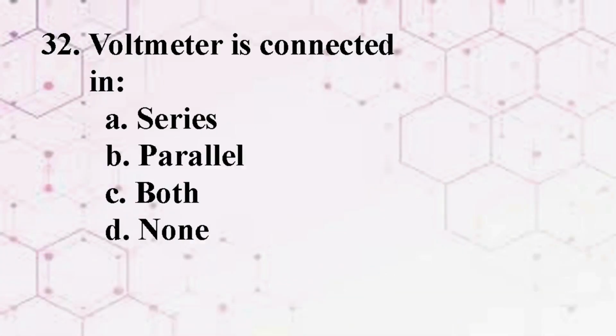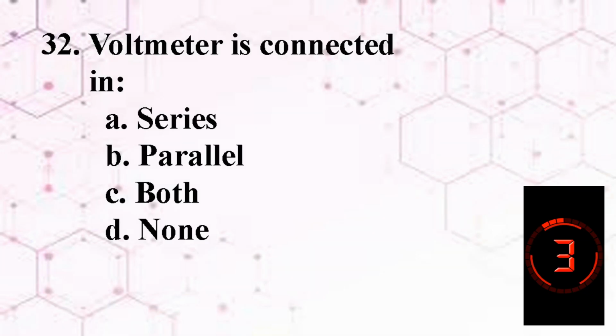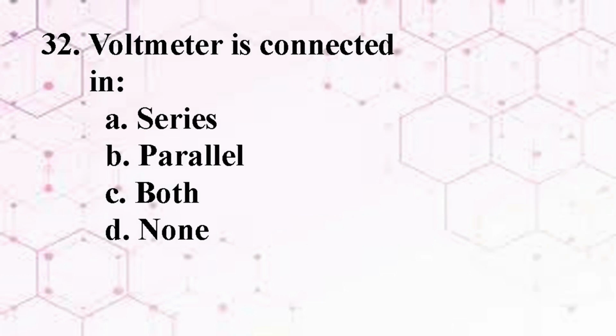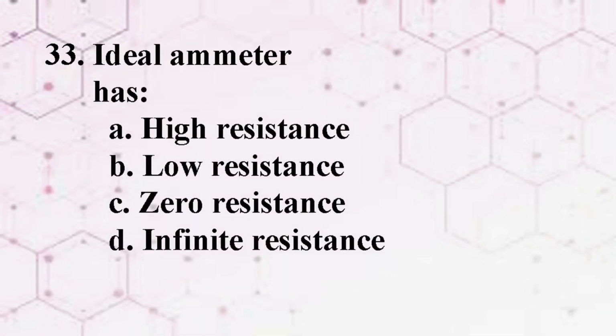Question number 32. Voltmeter is connected in A series, B parallel, C both, D none. The correct answer is B, parallel. Question number 33. Ideal ammeter has A high resistance, B low resistance, C zero resistance, D infinite resistance.